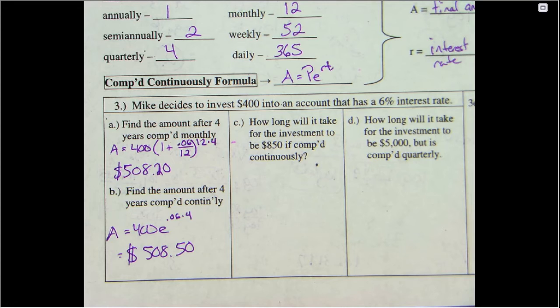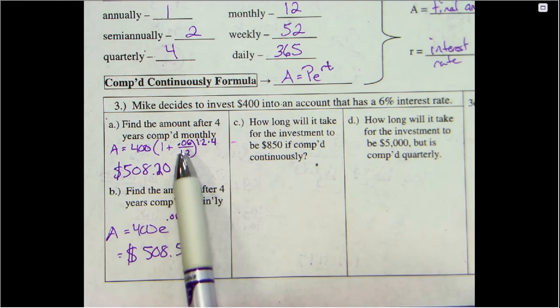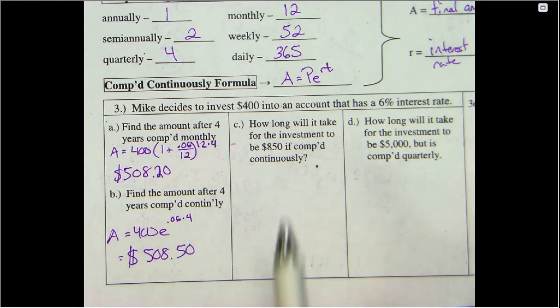Does anybody know why? Well, with compounded monthly, it's literally compounded once a month.